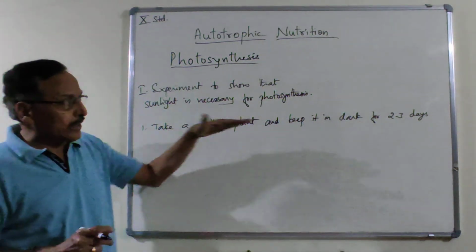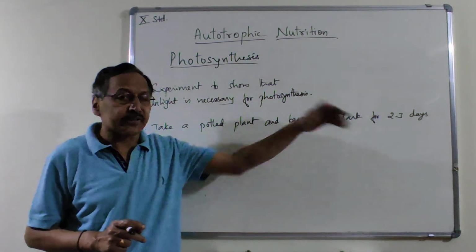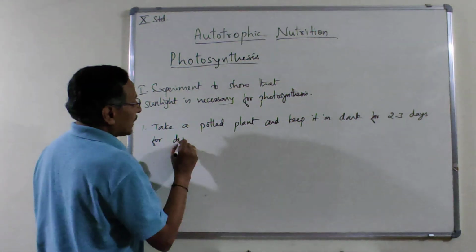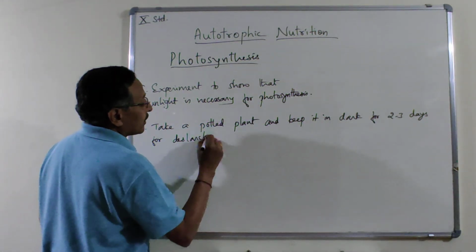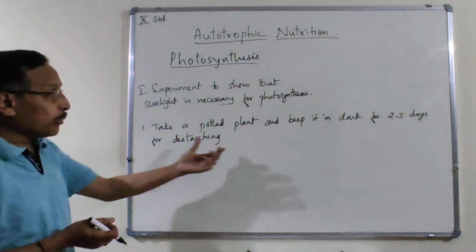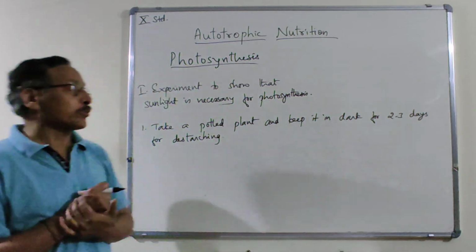Why we should keep it in dark for 2 to 3 days? For destarching. Means what? Removal of starch from the leaves.